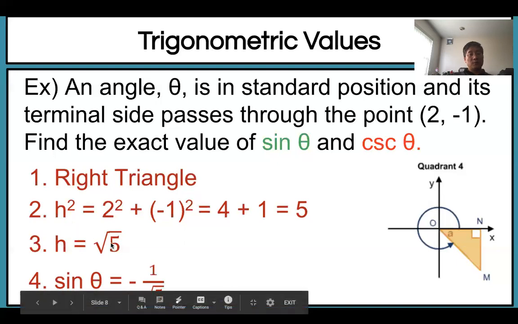But the hypotenuse is always positive, so we take only the positive value. Then the sine of the angle is equal to what? Yes, -1 over square root of 5.